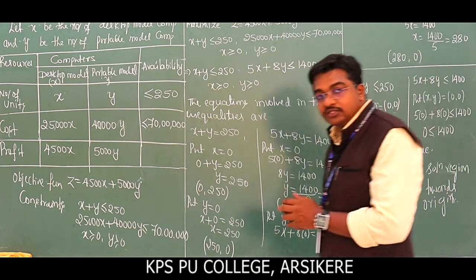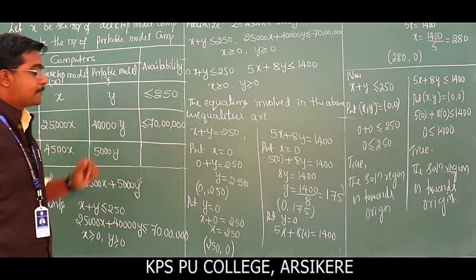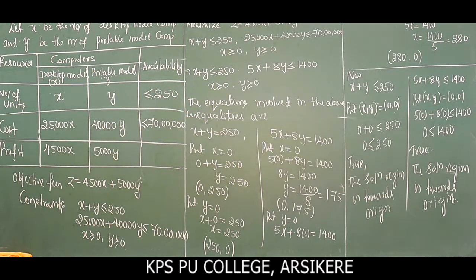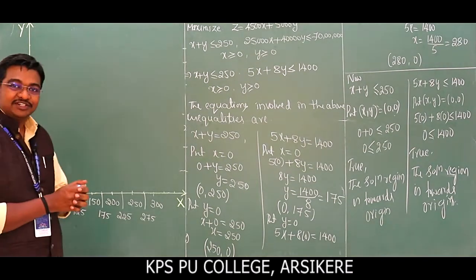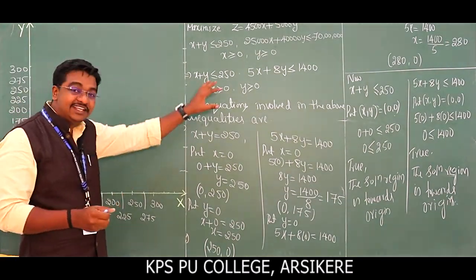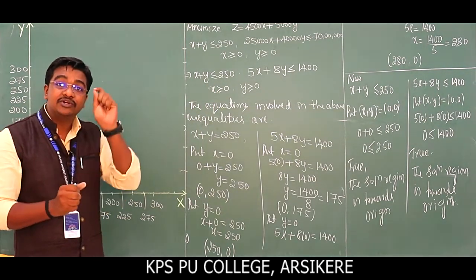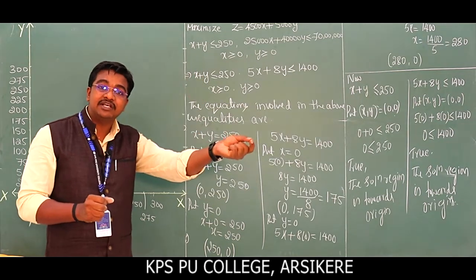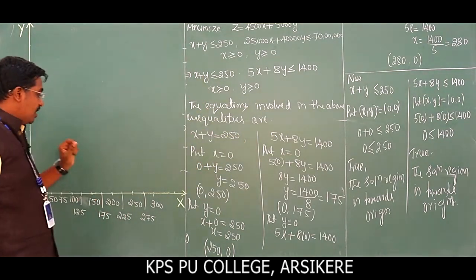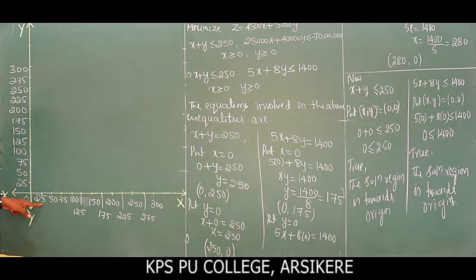First, take a pause and write down all the things that I have written here. Now, dear students, draw the graph for these inequalities. Before drawing the graph, first you have to take the scale along the x-axis as well as the y-axis. I will take the scale along the x-axis as 1 centimeter is equal to 25 units.